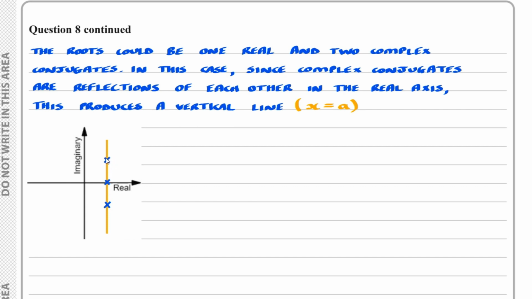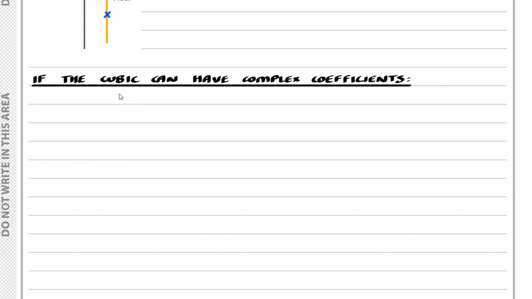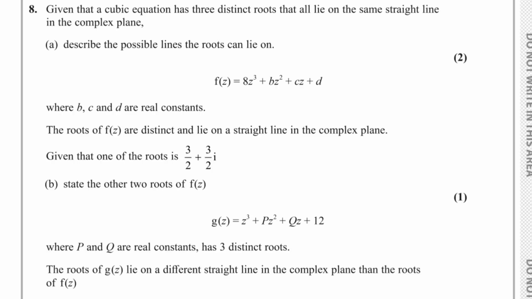One of the roots is complex, which means the other root must also be complex, and these roots are complex conjugates. Because we have a straight line, we join the complex conjugates with the real root to form a vertical line. Now the other situation which we could have is if the cubic has complex coefficients, and in this case we could have any straight line.